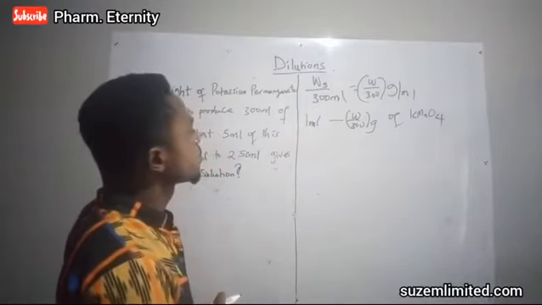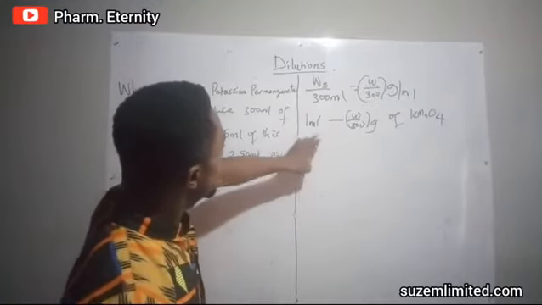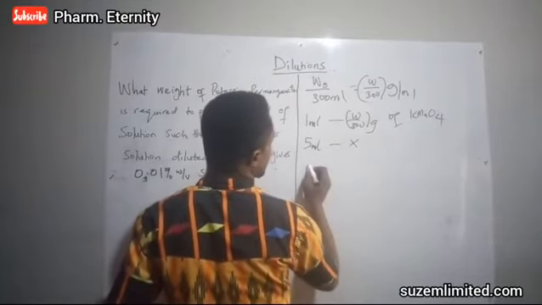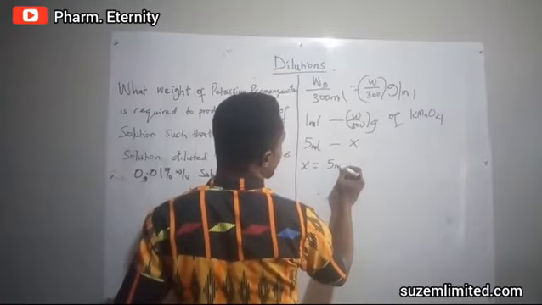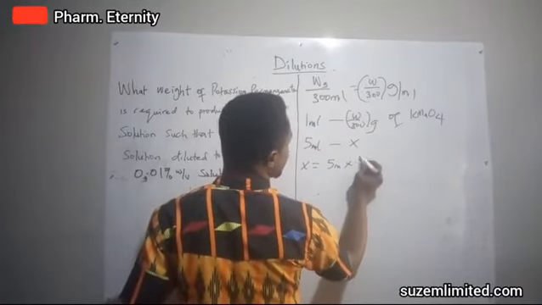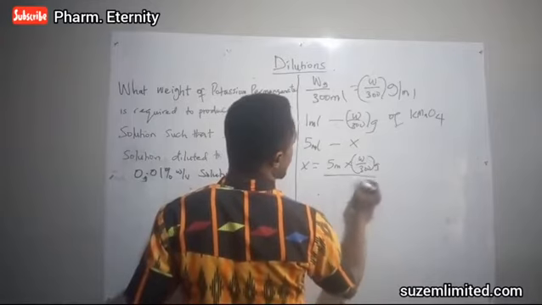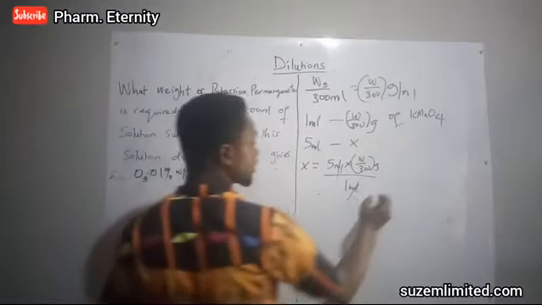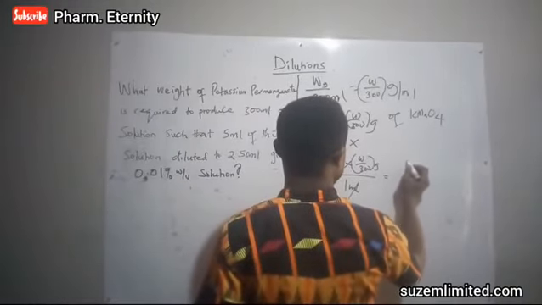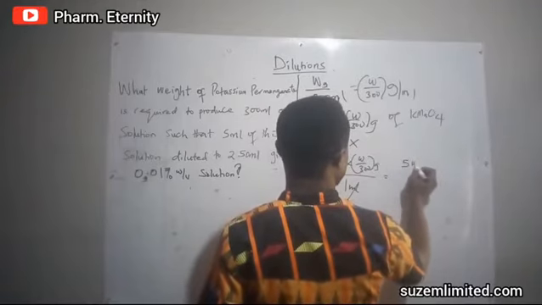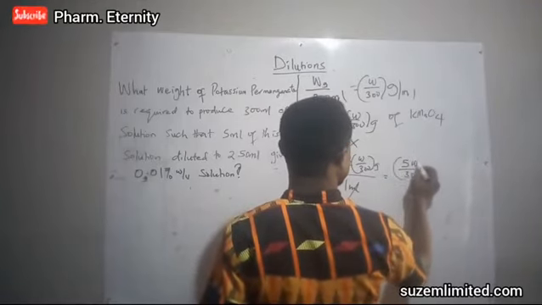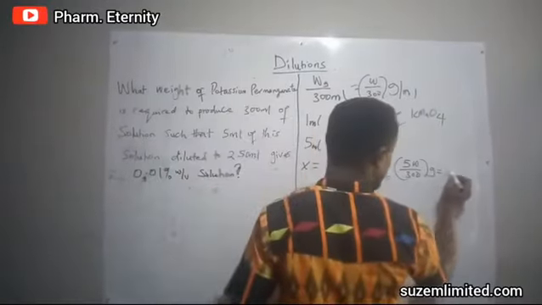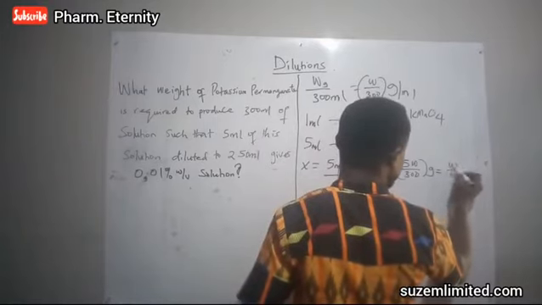Now, if 1 ml contains this, 5 ml will contain what? We don't know, we call it X. So X is equal to 5 ml times W over 300 g divided by 1 ml. So ml cancels ml. What we now have is 5W over 300 gram, which is also equal to W over 60 gram.